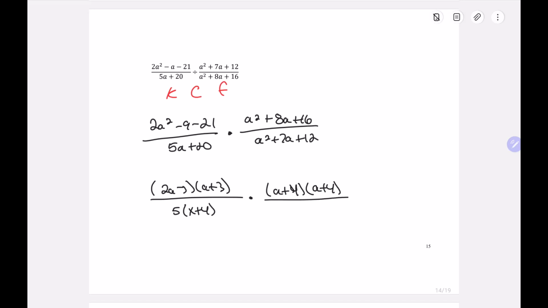And in the bottom right we would get an a plus 4, a plus 3. If we cancel what's in common, we have an a plus 4 in the top and the bottom, another a plus 4 in the top and the bottom, and we can cancel another a plus 3, and so our answer would be 2a minus 7 all over 5.